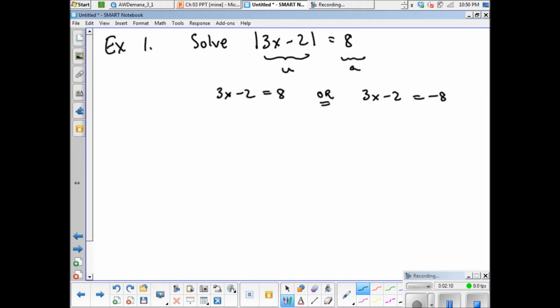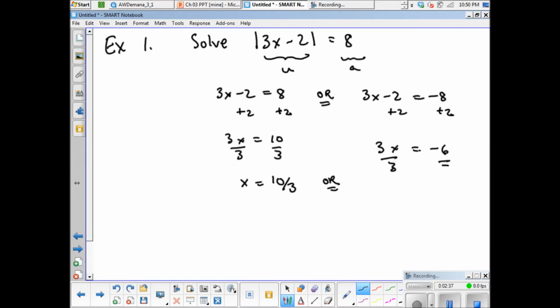So what's happened is we've turned this into two problems to solve. They're both very simple. This one gives us 3x equals 10. And dividing, we get 10/3. Our other one is also involving adding 2, which gives us 3x equals -6.